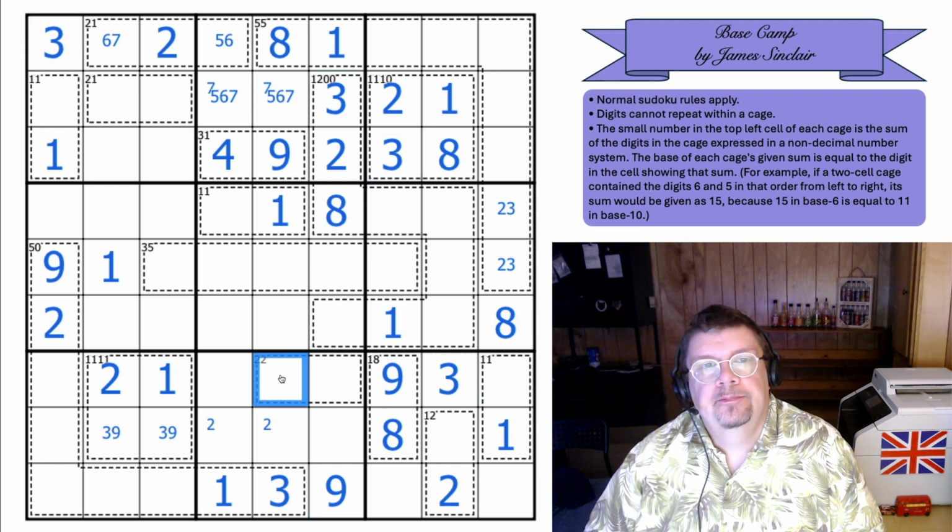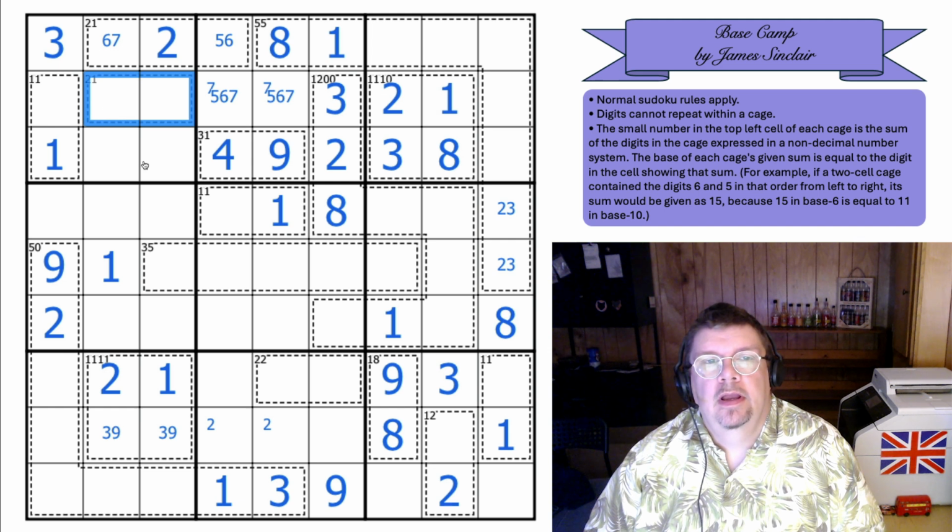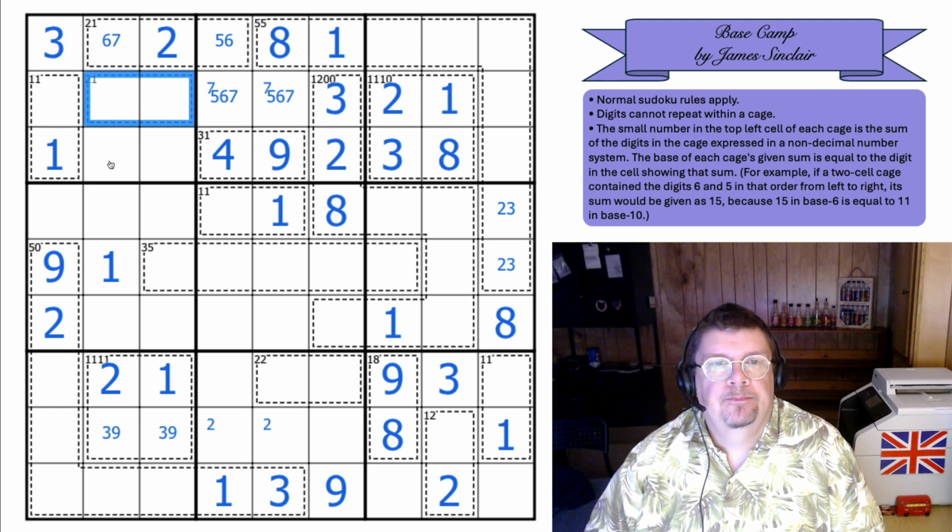All right. So what's going on in this cage? We'd said that, okay, here's a thing to think about.